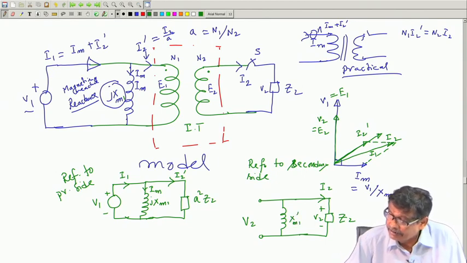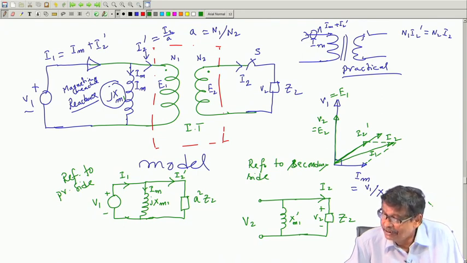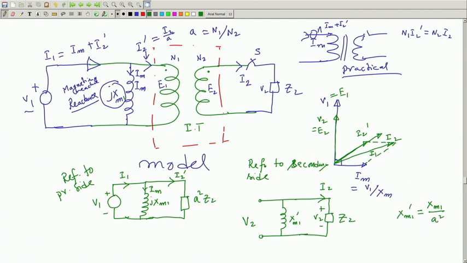What is X m 1 dashed? It will be X m 1 by A square. And what is this V 2? V 1 by A. So, this is the equivalent circuit referred to the secondary side.